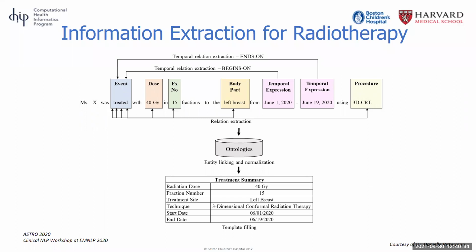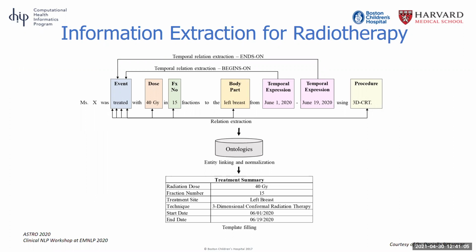The arrows represent the relations between the radiotherapy elements. So when we look at the radiotherapy template, we can see that there are about 6 elements represented by each radiotherapy, and then each element is linked to that specific radiotherapy treatment.